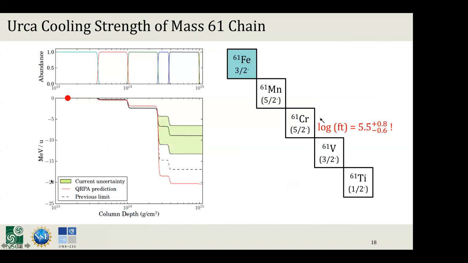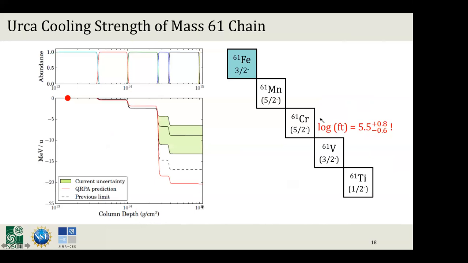And on the bottom panel, you have the cooling strength as a function of column depth. As you go to the right, the electron Fermi energy increases as you're going deeper, so you're going to increasingly neutron-rich species on the right.